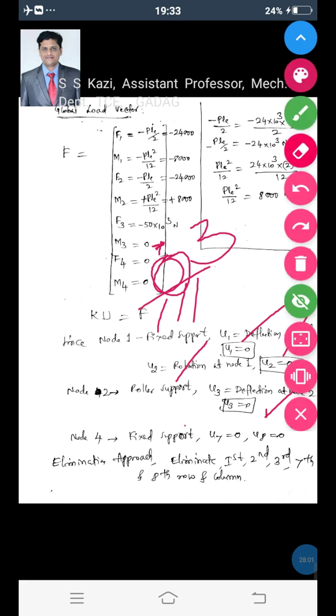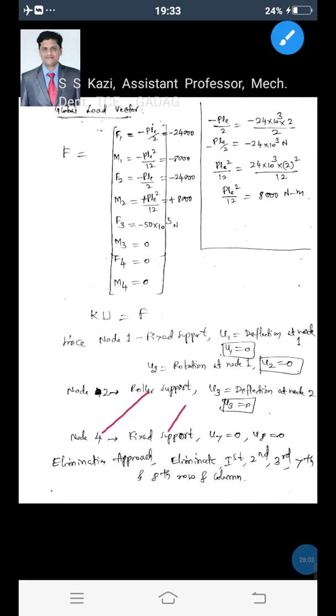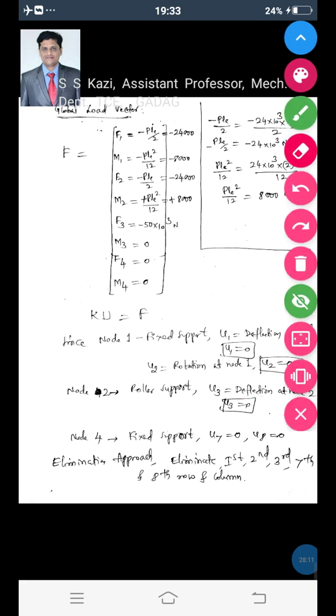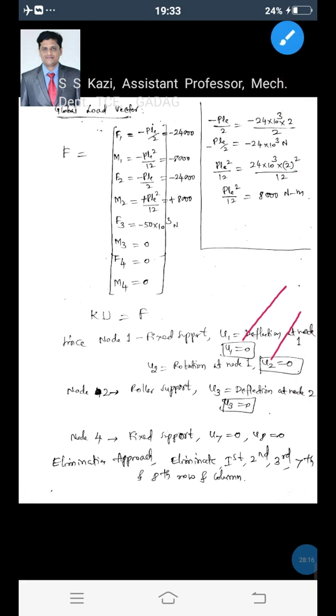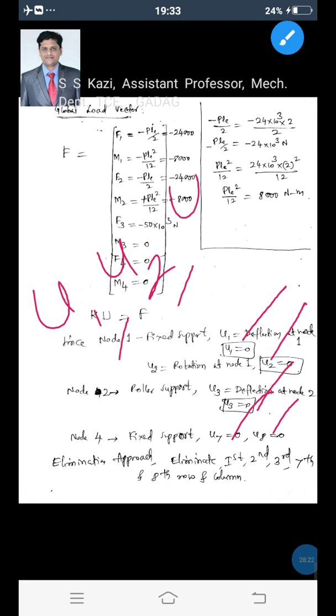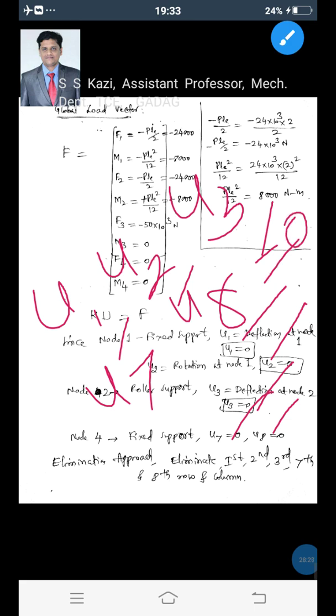Next come to node 4. Node 4 has a fixed support. U7 and U8 both are 0 because deflection and rotation both are 0 at the fixed support. That means the boundary conditions given in the problem are that U1, U2, U3, U7 and U8 are 0.